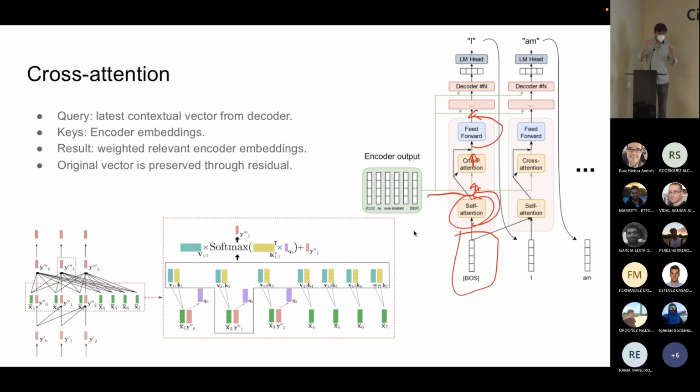Because cross-attention takes the encoder vectors, and that's what it outputs: the encoder representation of what it is going to process now. So if we want to keep the previous representation from the decoder, we must do it through the residual connection.